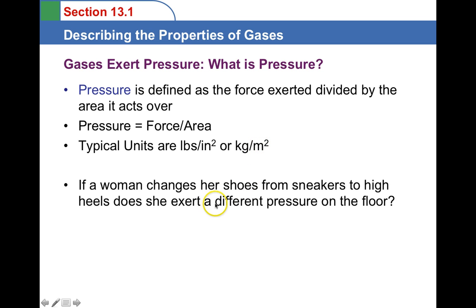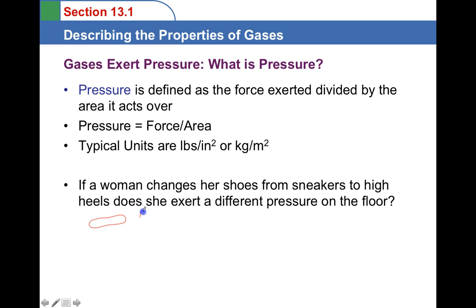Okay, let's look at it this way. If a woman changes her shoes from sneakers to high heels, does she exert a different pressure on the floor? The surface area of the sneaker goes like this. Imagine that being her sneaker footprint.